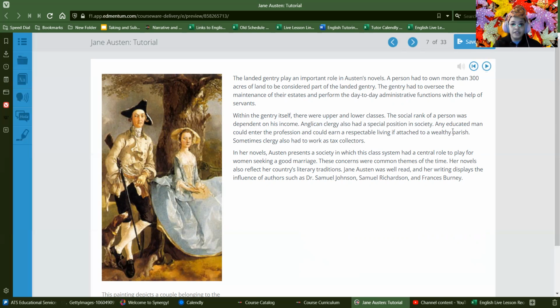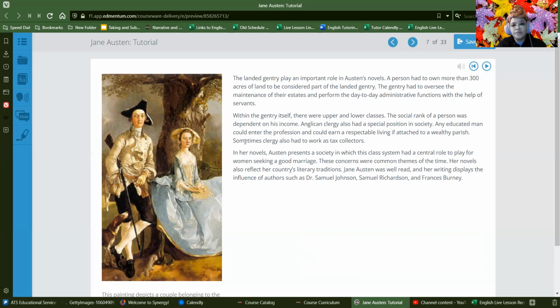A parish is basically a group office, almost like a local organization for that church. Different smaller regional churches will have their own parish in an area. So if your parish happened to own land and be wealthy, you could work for them and make a decent amount of money, is basically what this is saying.